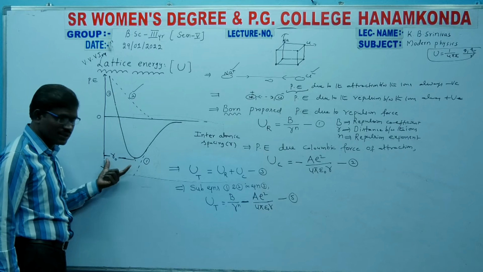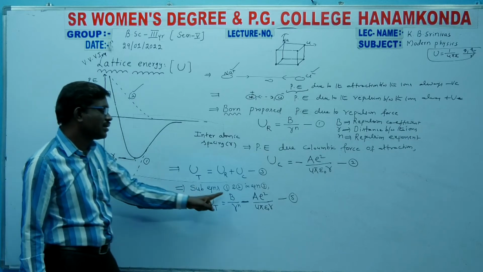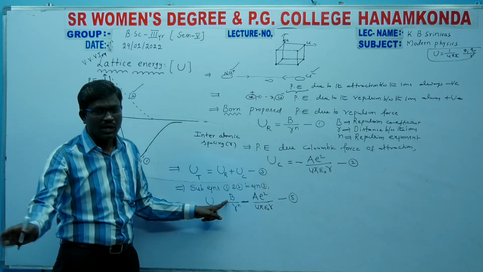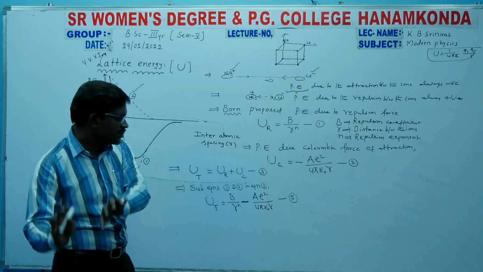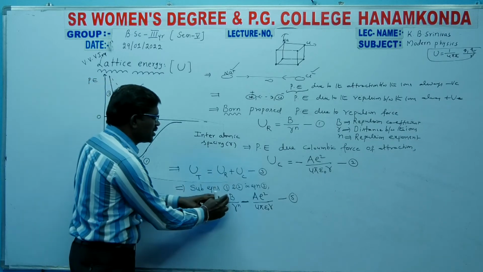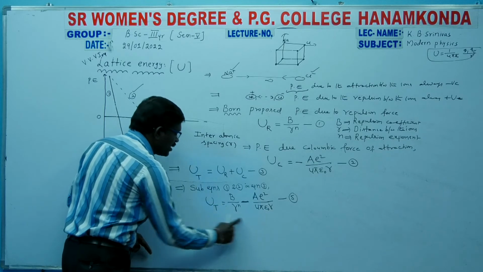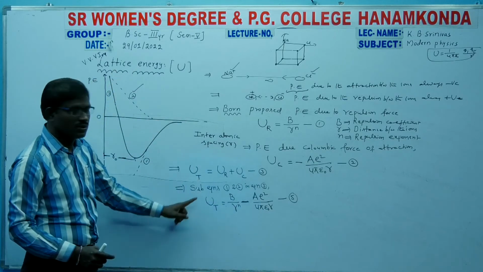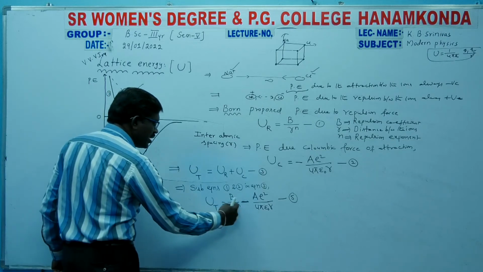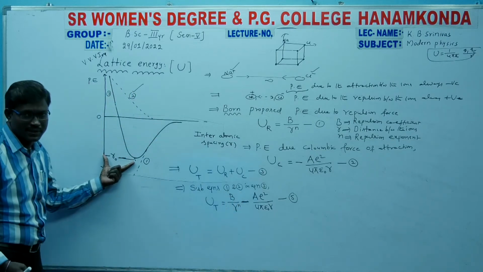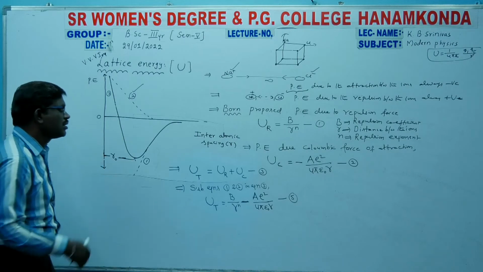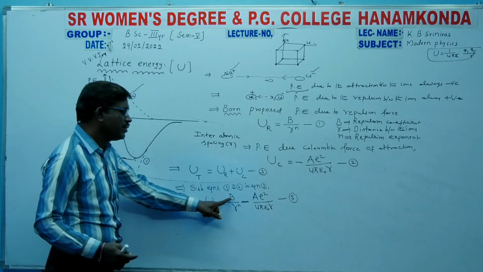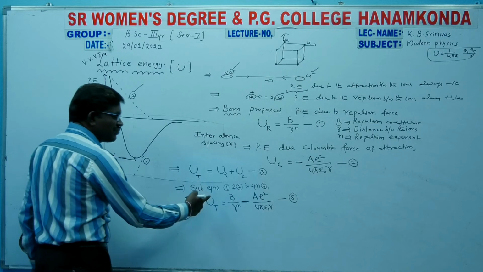So by using this case, here I am going to calculate B individually. After calculation of B, substitute that B value in this equation 5, and you can calculate the total potential energy of the given crystal. To calculate the B value individually, I am considering this case. Clear? Right.